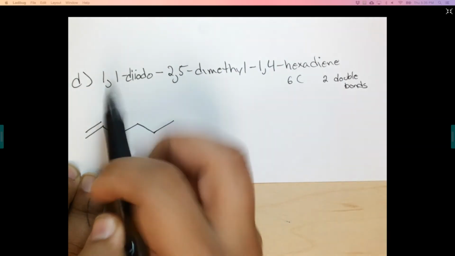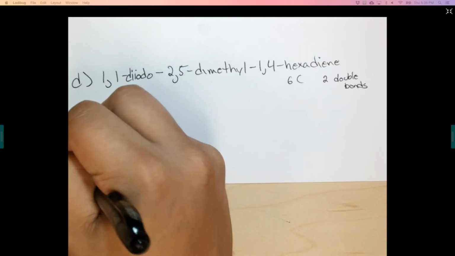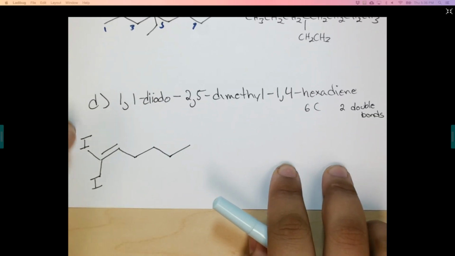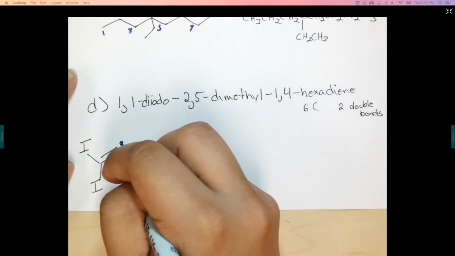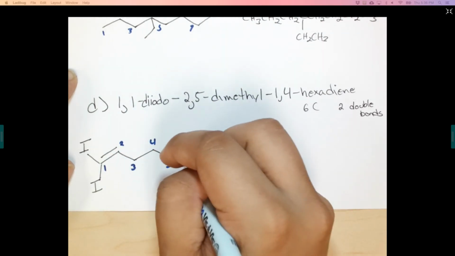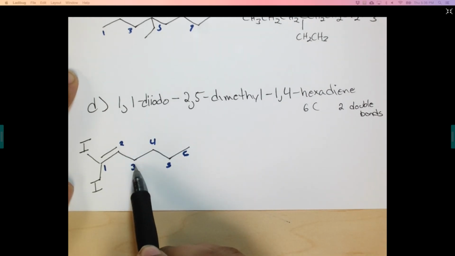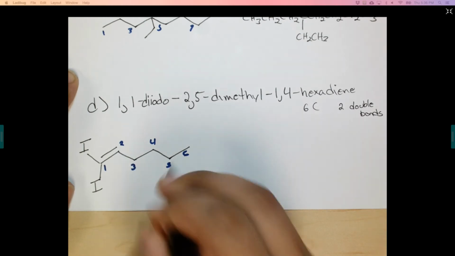At the 1 position, we got 2 iodines. Let me number these before I get ahead of myself. Don't get in the habit of getting in a hurry like me. We got 1, 2, 3, 4, 5, 6. Three, nothing. But we got 2 and 5 methyl groups.